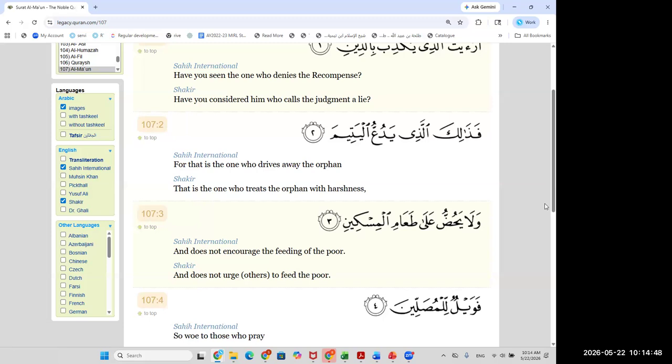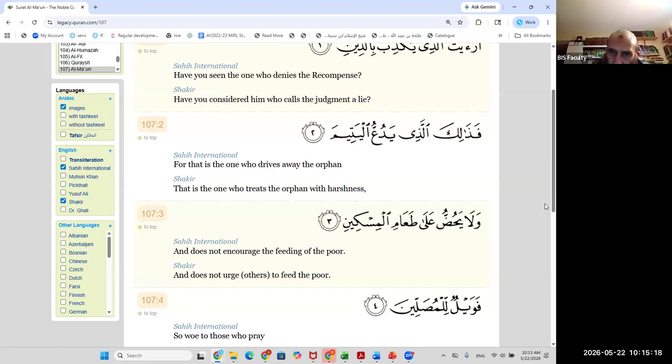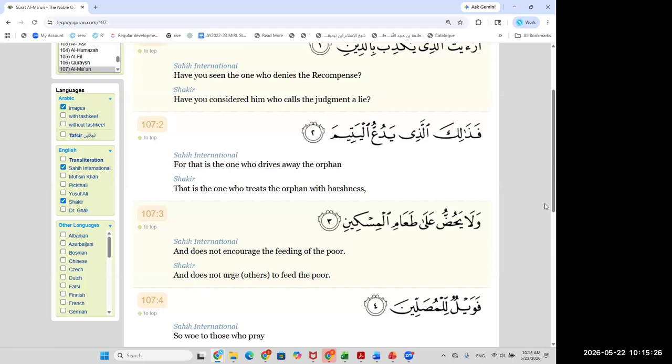There is حرف جر, which is على, and then طعام is اسم مجرور, it ends in a كسرة, and it's in an إضافة with المسكين. So طعام is the مضاف and المسكين is the مضاف إليه.